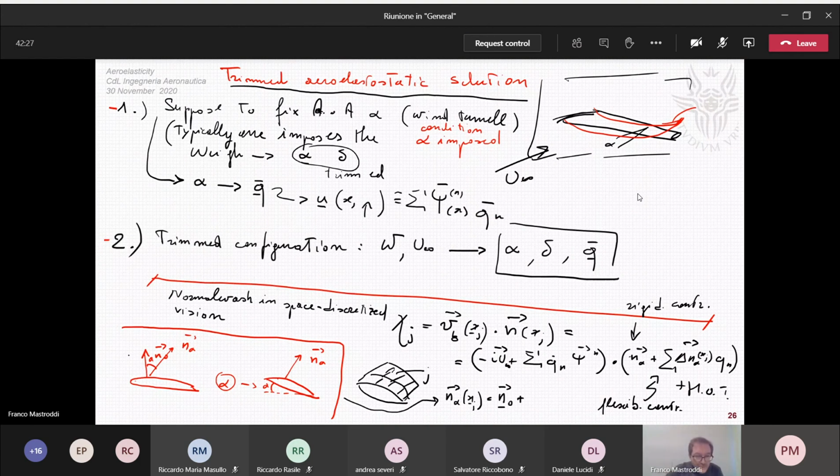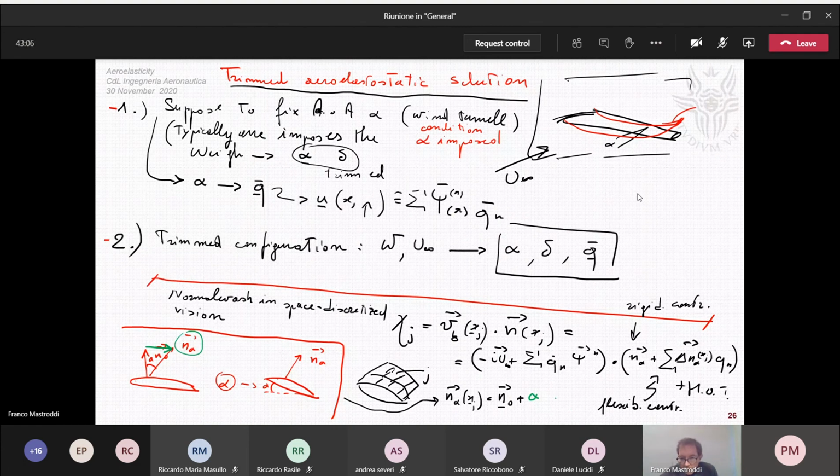If you see here, the rotated normal is equal to the unrotated one plus this green contribution, but this green contribution can be expressed, for a linearized kinematic, as the product between alpha and, you see here, approximately a vector, the green vector, which is orthogonal to the original normal.